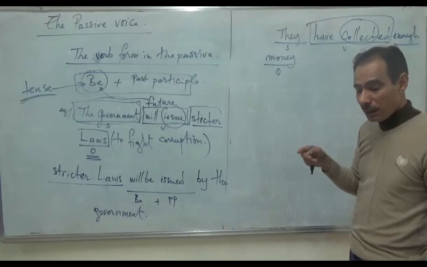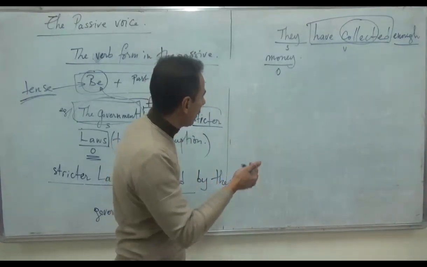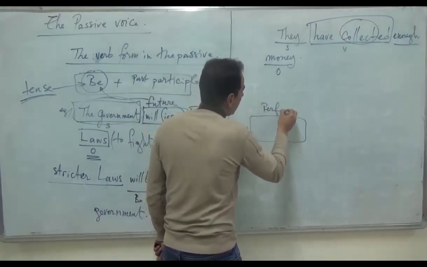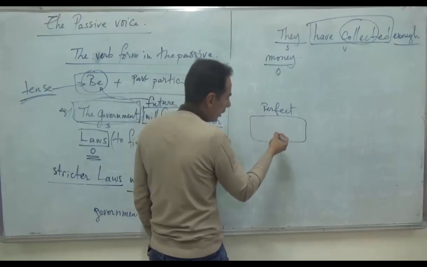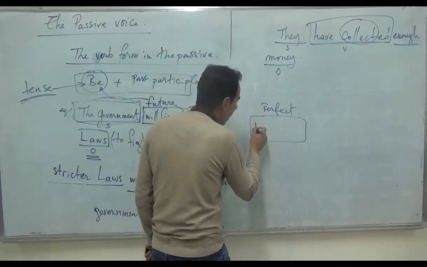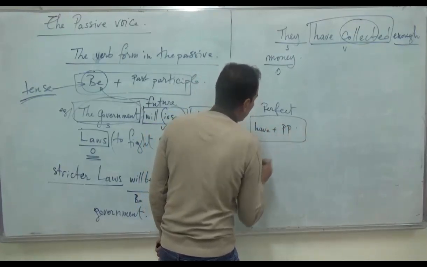And continuous tenses, the present continuous and the past continuous. Perfect: I don't tell you whether it is present or past. Have plus past participle.